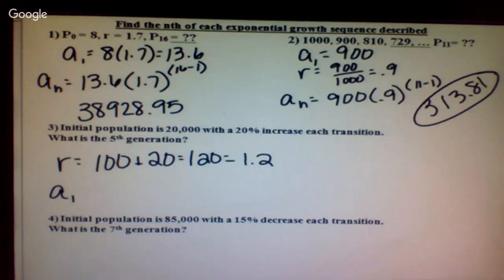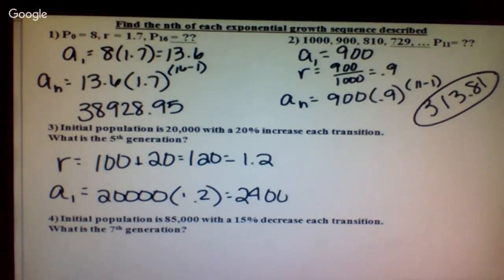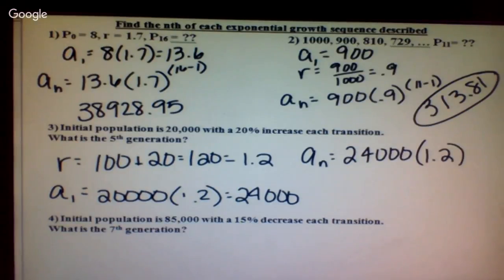What is my A1 value? 24,000. We had an initial of 20,000. We multiply that by 1.2, and that gives me 24,000. So A sub n equals 24,000 times 1.2 raised to the 5 minus 1.